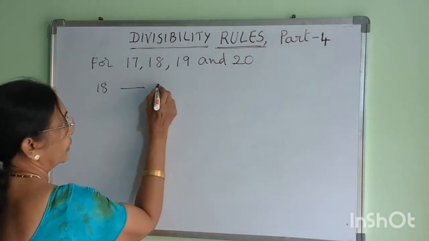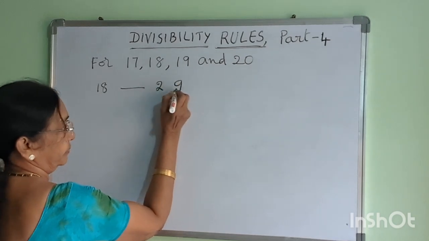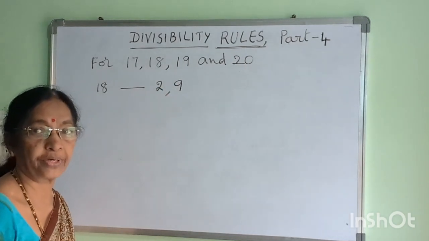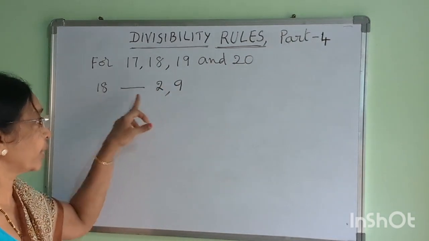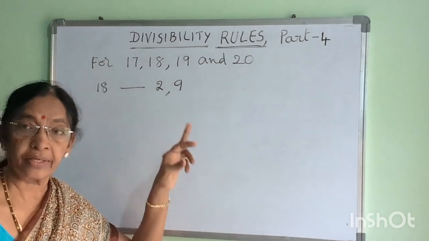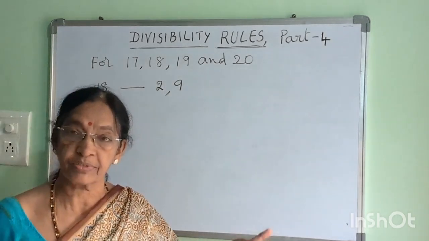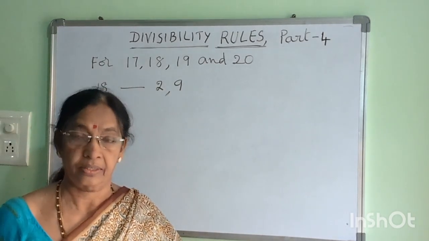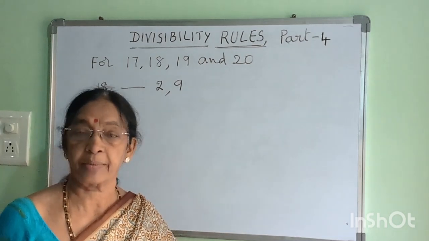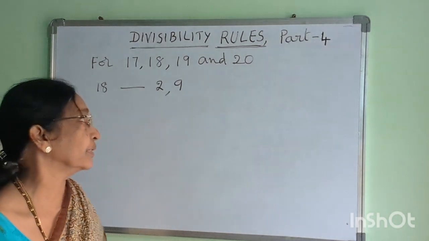18 is the product of 2 and 9. Therefore, if a number is divisible by 2 and 9, then that number is divisible by 18.